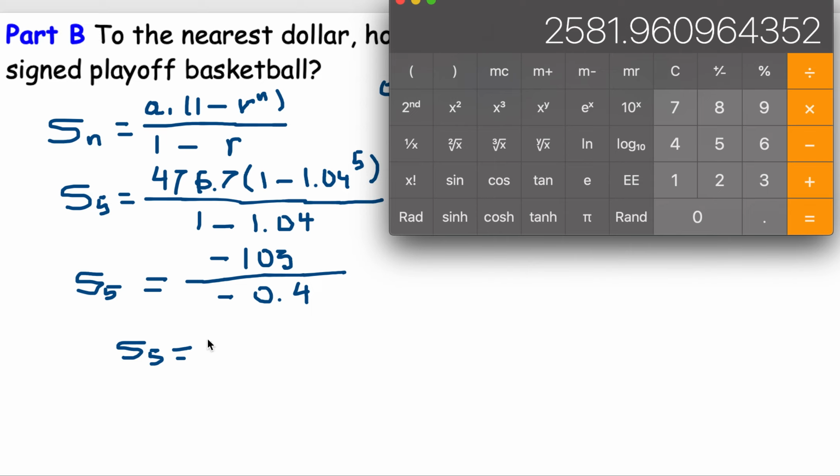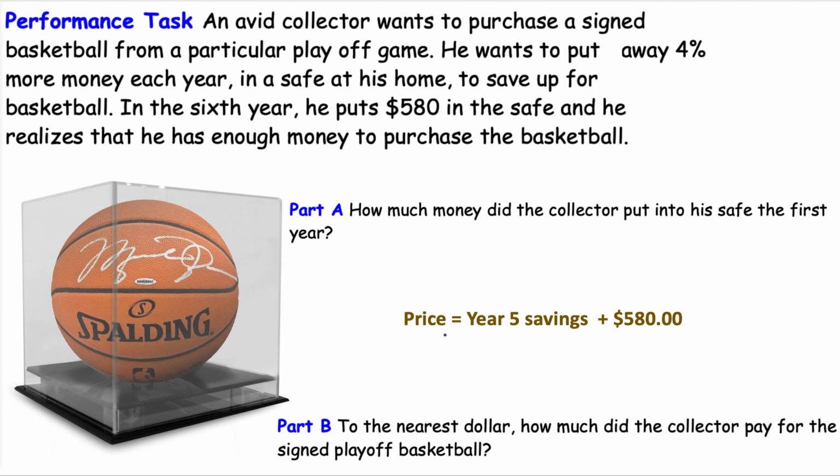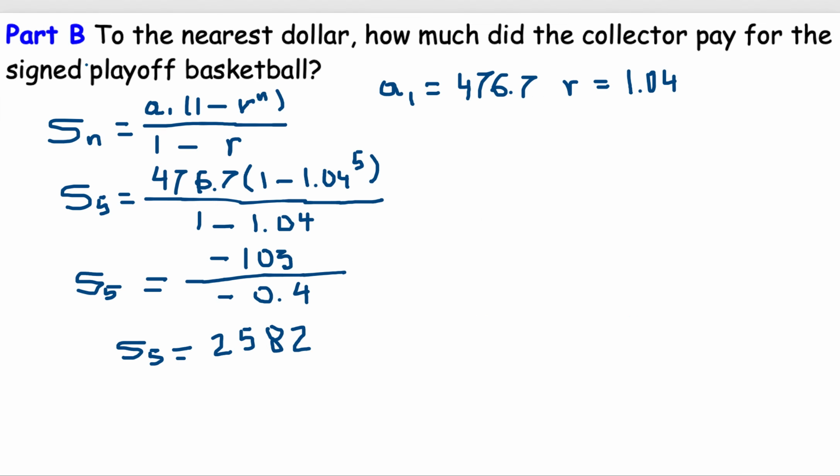Because to the nearest dollar, we round to 2,582. This is the saving for 5 years, but in the sixth year, it says the price is the year 5 saving plus $580 when he realized he has enough money. So now we have to add this value.